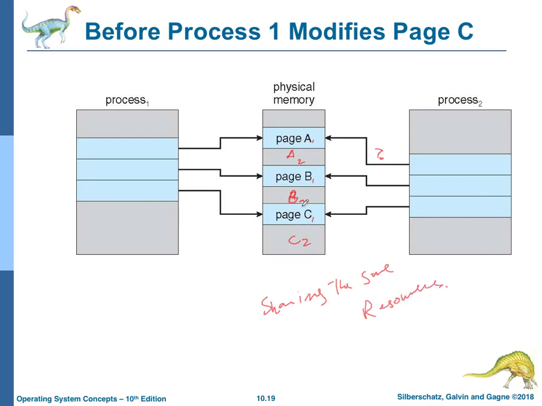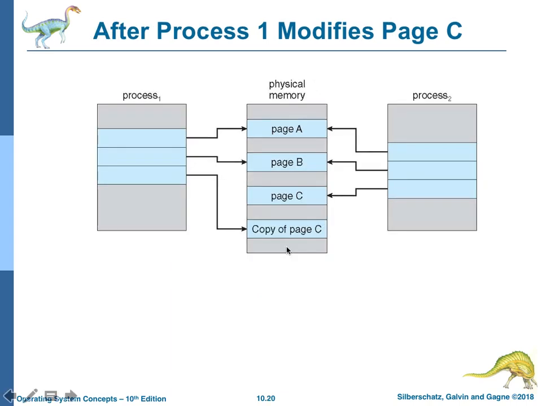Now these can be data structures, libraries, or some routines, etc. This is before the modification. Now first of all, P1 tries to modify something. Maybe it wants to modify page C. Then what will happen?